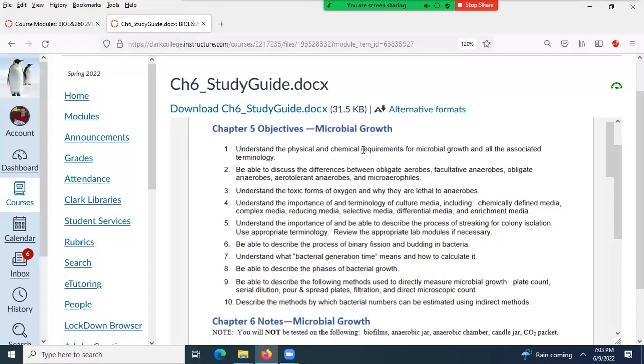There's organic growth factors, and that would be a biological molecule. For us, vitamin C would be an organic growth factor. Okay, any question about that? For some microbes, it might be something like NADH or some coenzyme.